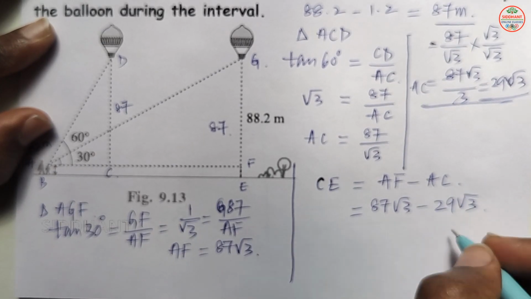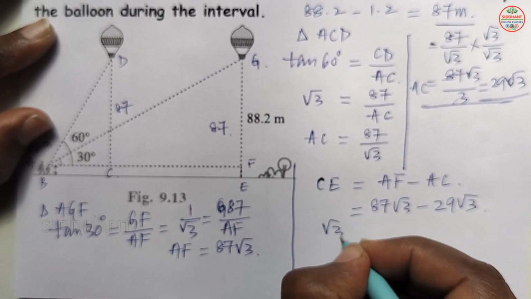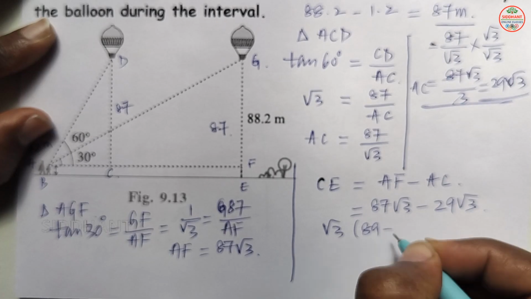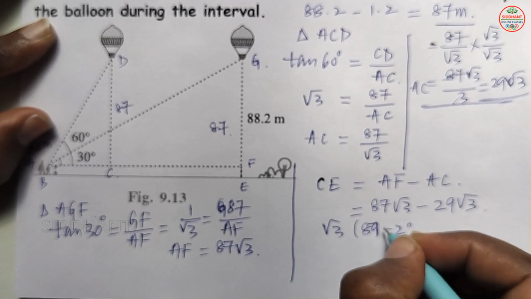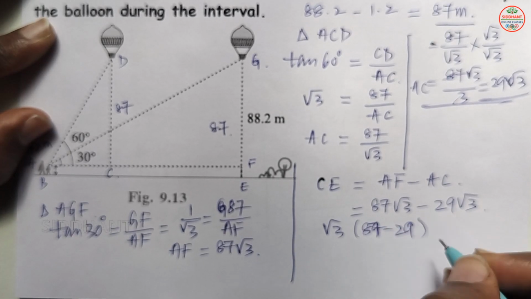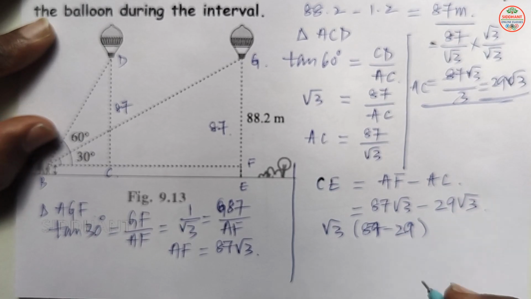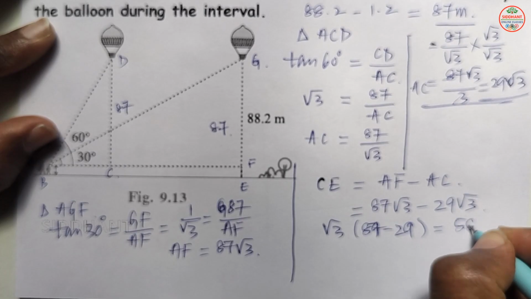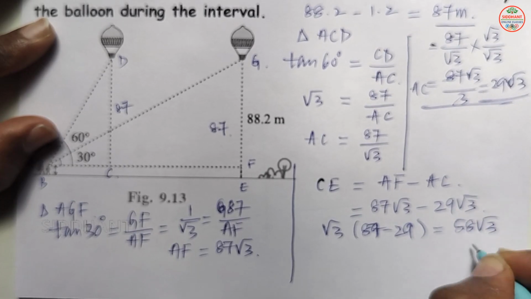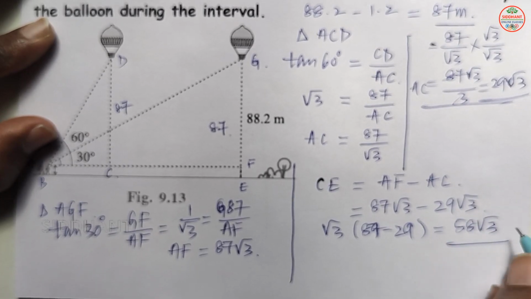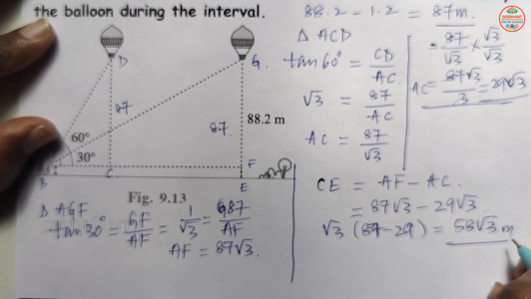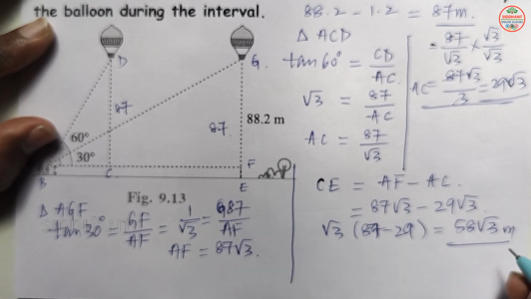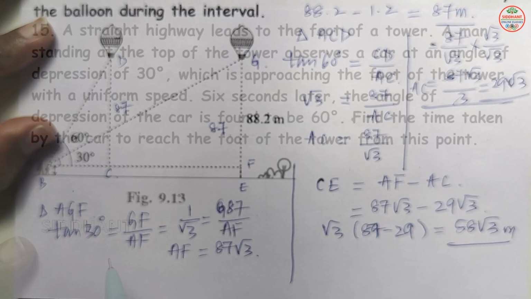Taking root 3 common, we get 87 minus 29. So that will be 58 root 3 here. So 58 root 3 is the distance traveled by the balloon during the interval.